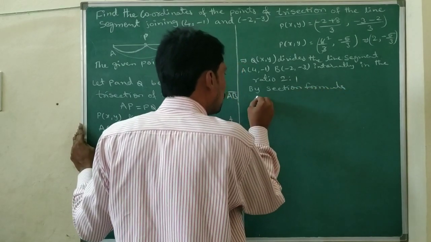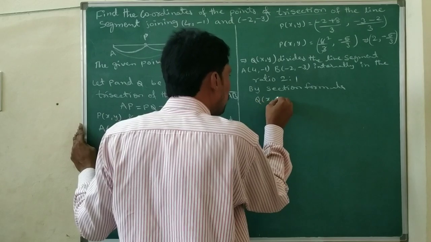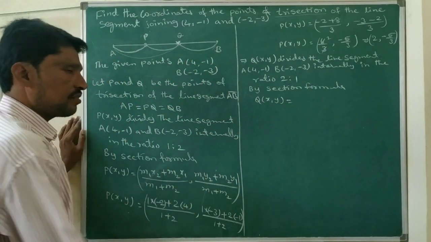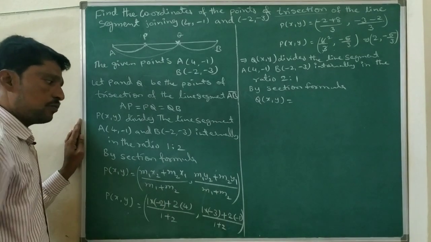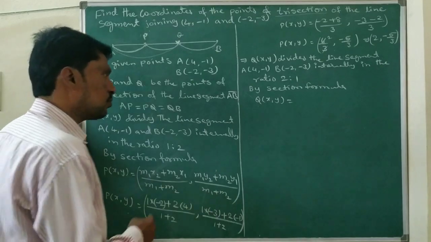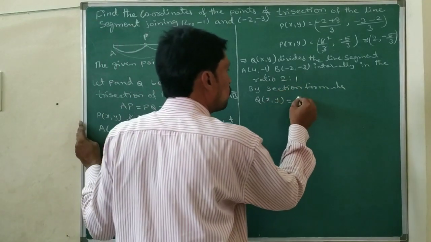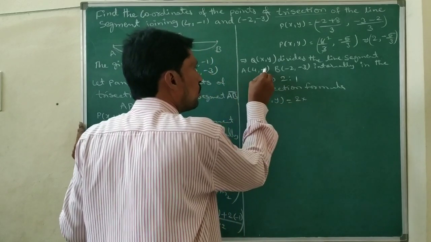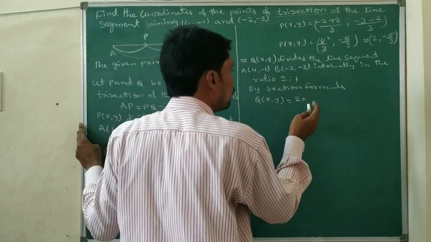what is the section formula? Q(x, y) equals (m1 x2 plus m2 x1) by (m1 plus m2), comma, (m1 y2 plus m2 y1) by (m1 plus m2). Here m1 is 2. A coordinates are x1, y1 and B coordinates are x2, y2.